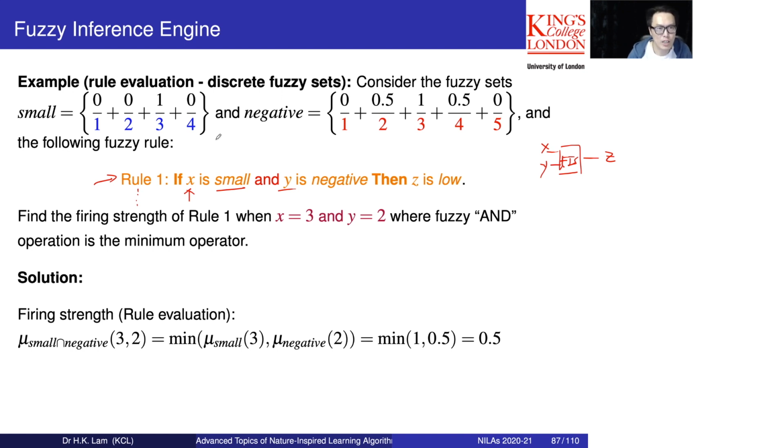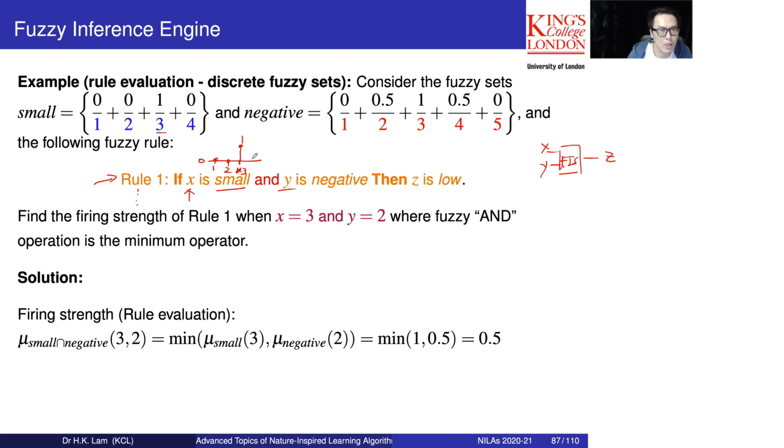Just to recall, if we draw this membership function, we interpret it like this. For 1 on the x-axis, the membership grade is 0. For 2, the membership value is 0. For 3 on the x-axis, the membership grade is 1.